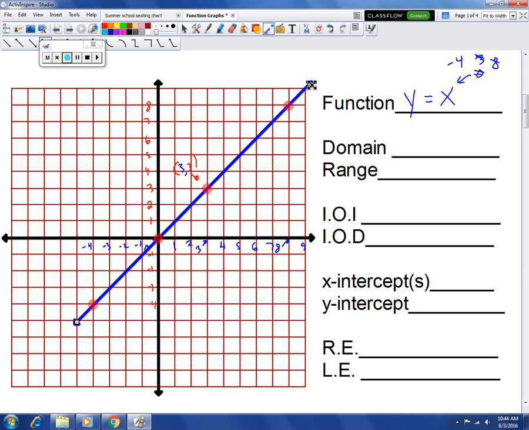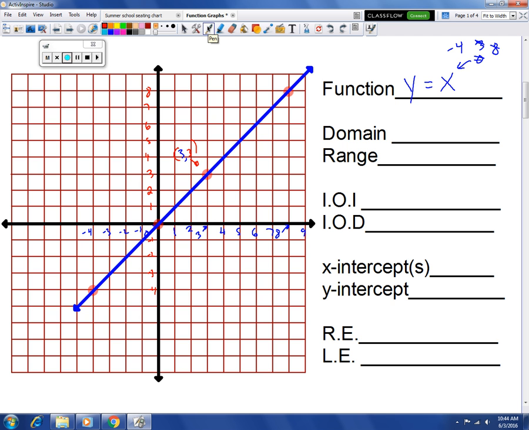Okay, alright. What's the domain? Again, what can we substitute? Alright, the definition of domain, my definition: what can we substitute and get an answer? Doesn't matter what the answer is, we're fine if we get some kind of answer.